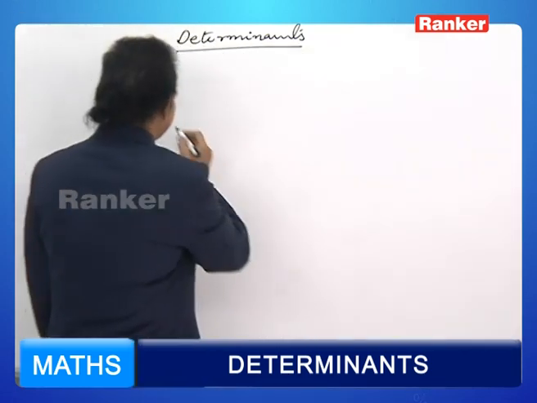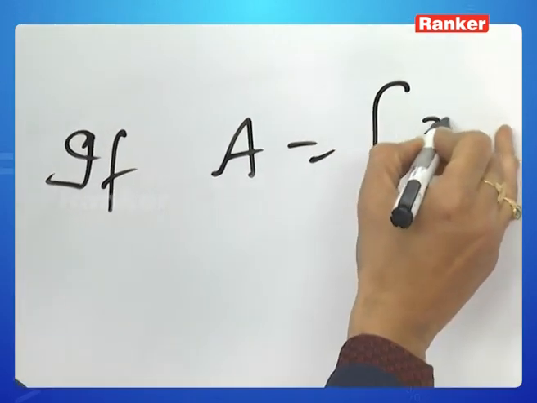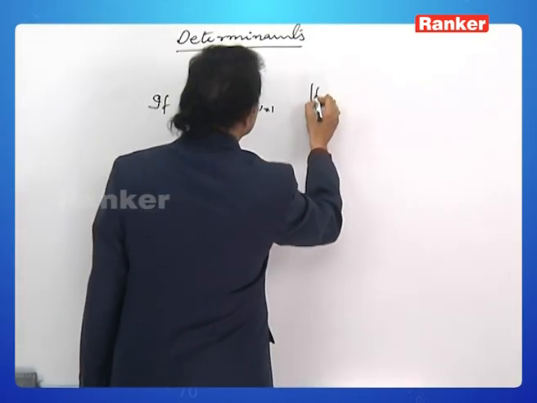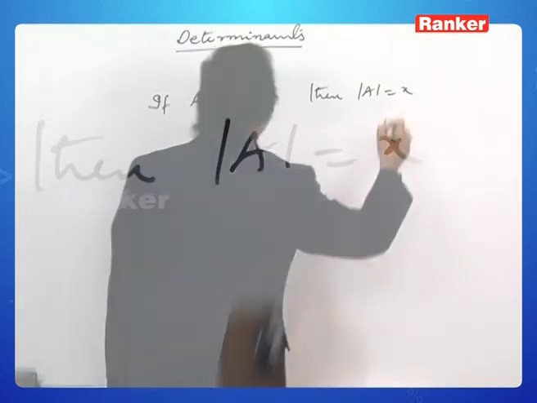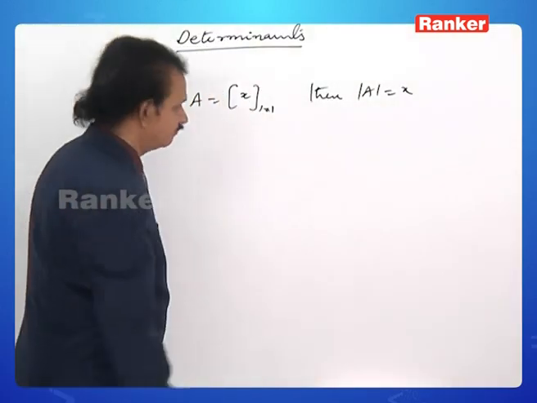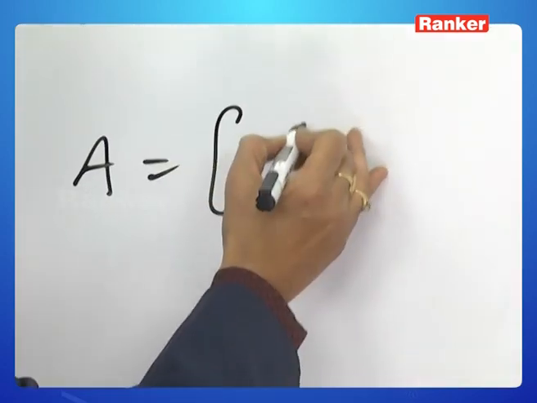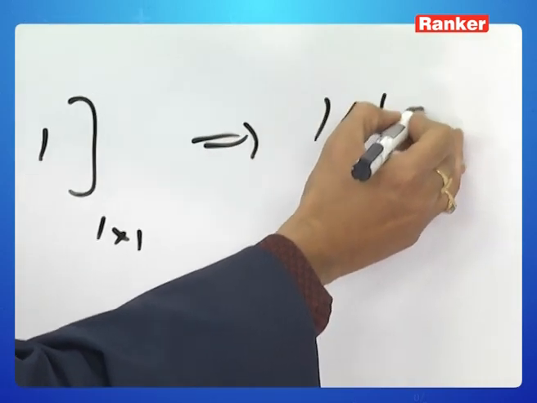Look here. If A is a 1 by 1 matrix like this, then we define det A as the element present in it. Therefore, if A is equal to 1, then det A is 1.